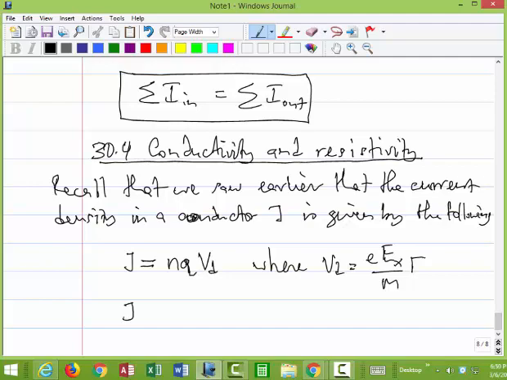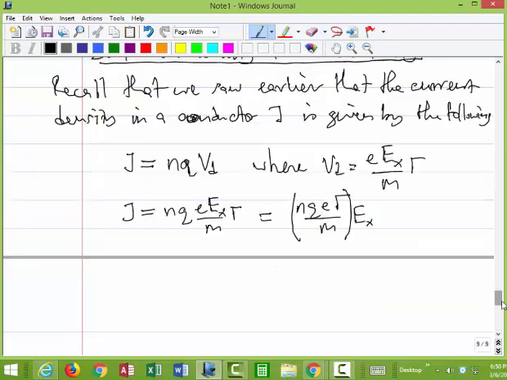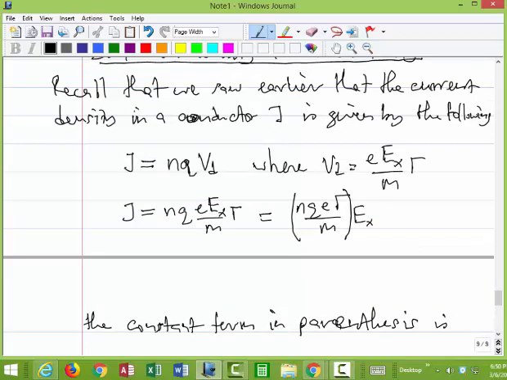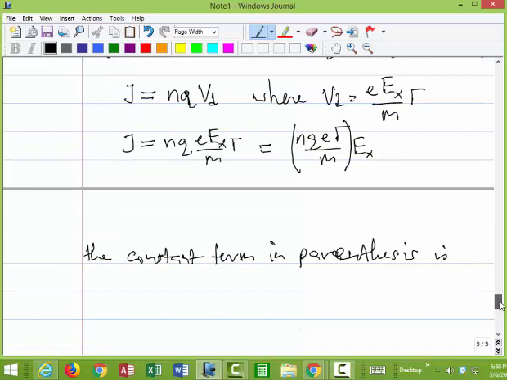If we put this in, we have n q times q E subscript x over m times tau. Then we can put this together as n q squared tau over m times E subscript x, because all of this is constant.